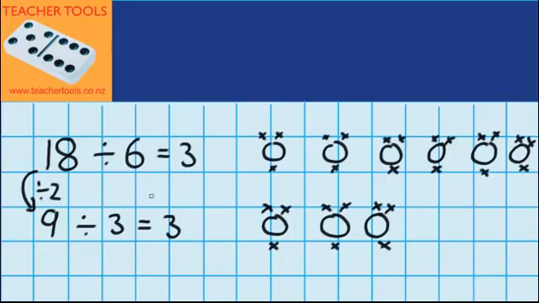Over here we also had half as many tables, so 6 divided by 2 equals 3, and you notice that if we have half as many people and half as many tables, we actually fit the same amount of people around each table. Kind of makes sense when you think about it, really, doesn't it?